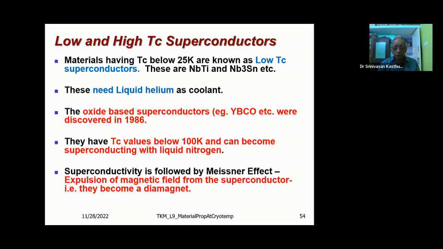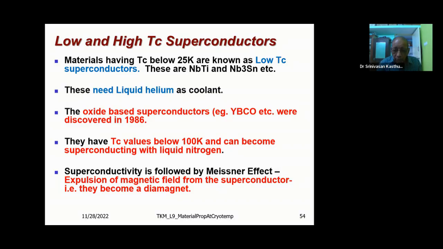This happens at temperatures close to liquid nitrogen temperature. So the TC values are somewhat higher, around 100 K or even more. So superconductivity can now be obtained by using liquid nitrogen instead of liquid helium.